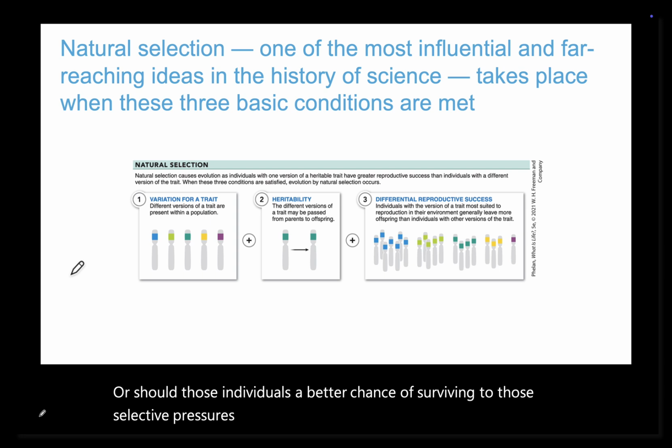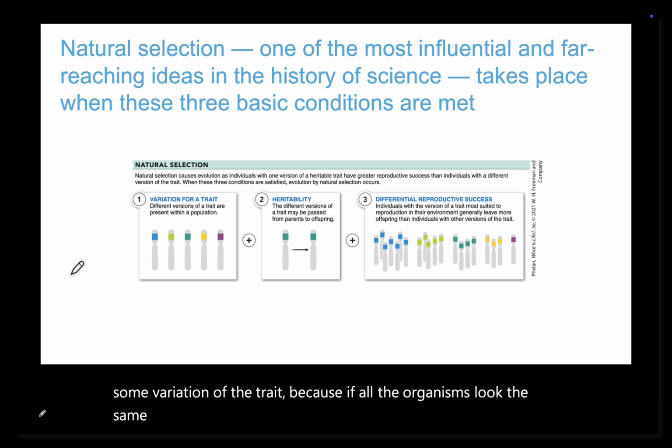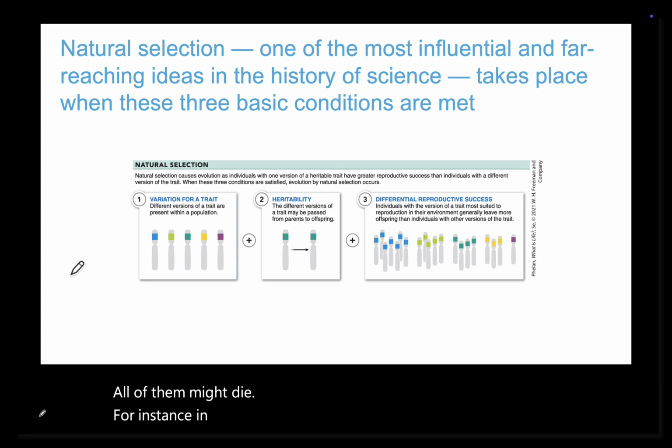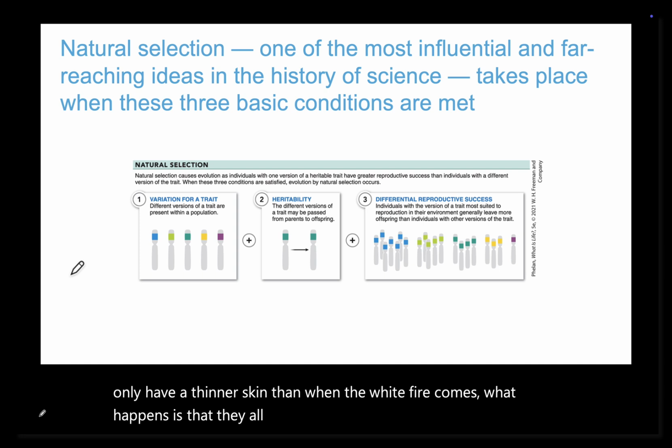So the first thing is that there should be some variation of the trait, because if all the organisms look the same, then when there is a selective pressure, all of them might die. For instance, in my example, if all the organisms in that population only have a thinner skin, then when the wildfire comes, they all die, and that species comes to extinction.